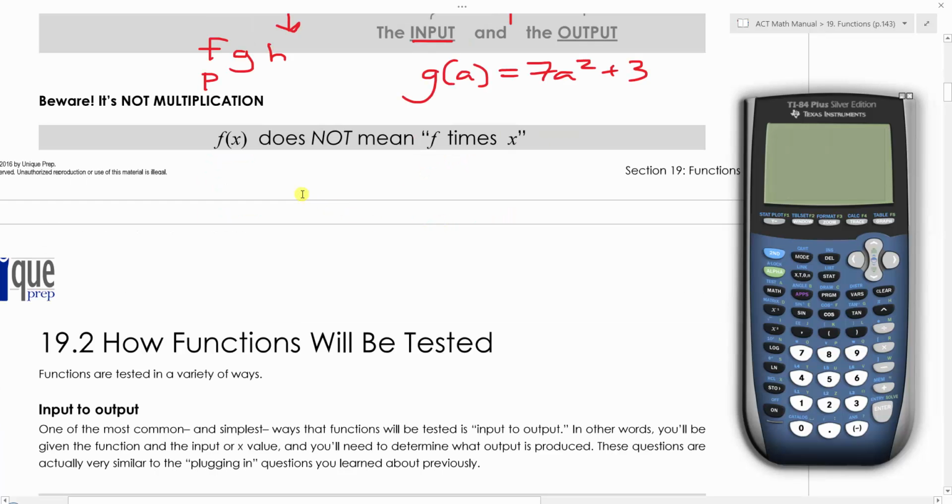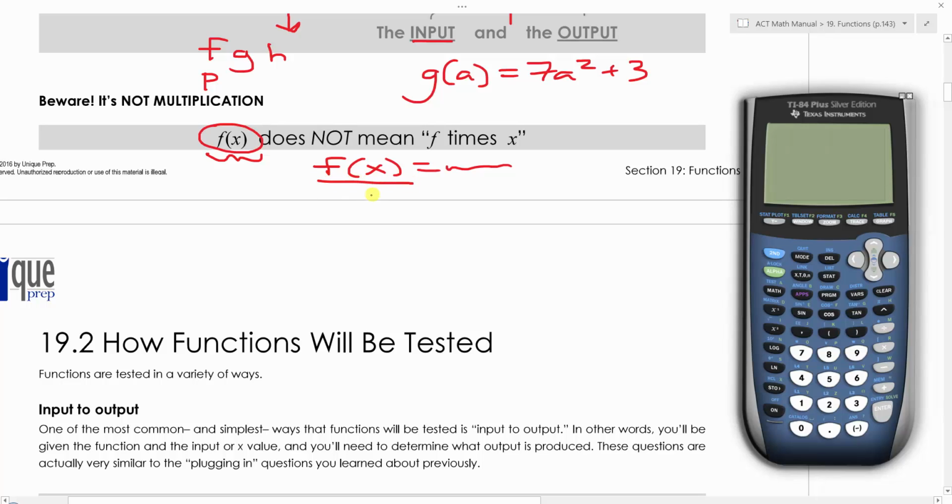One huge point that most students understand, but I have seen students make careless mistakes because they don't understand this. This expression, f of x, these two things, the f and the x, are not separable. This is one single entity, and the f and the x cannot be separated from each other, which means that if you see something like f of x equals blah, blah, blah, this is not really an equation in the truest sense of an equation.